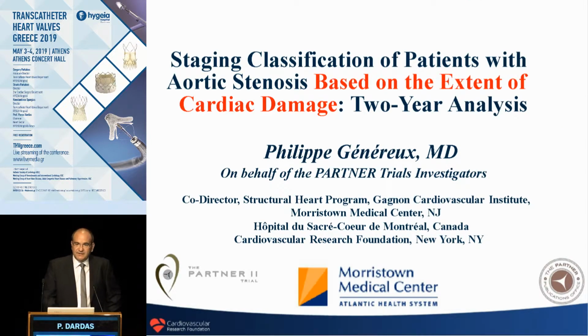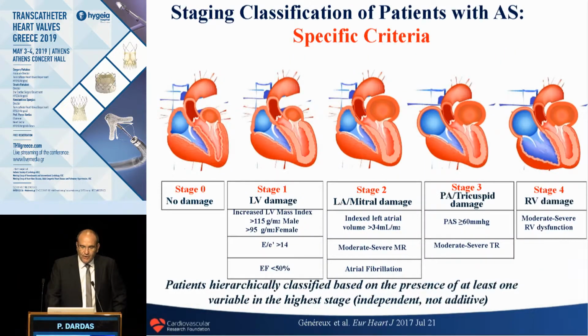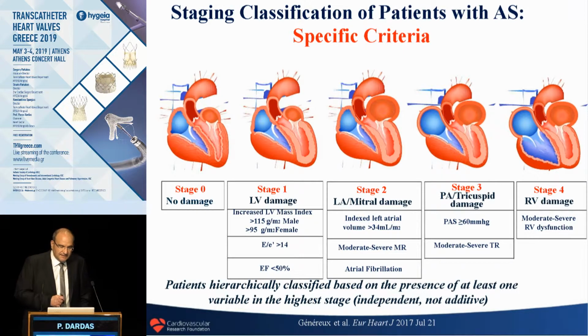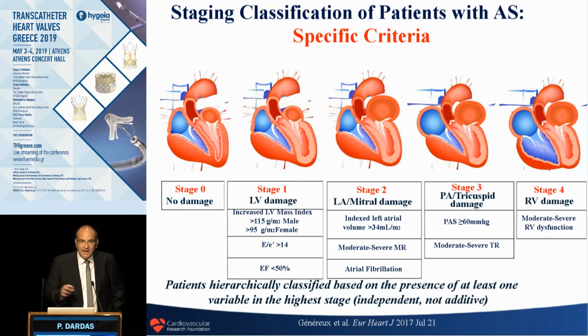And very recently, there is a new staging of aortic stenosis, not based on the aortic severity as such, but based on the extent of cardiac damage. So there are 5 stages. Stage 0 is just pure aortic stenosis without any other cardiac damage.